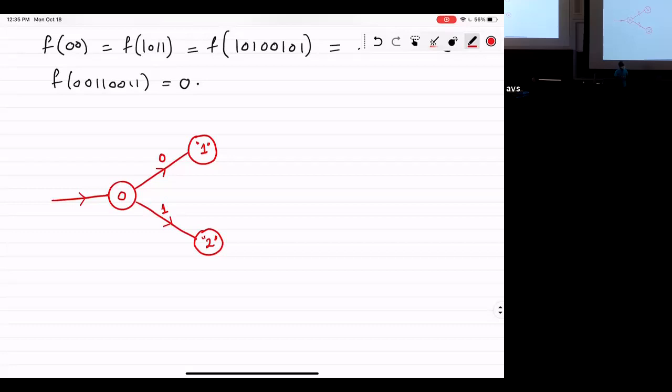Yeah? If the rest of the string was alternating. But if I just know whether the rest of the string was alternating and I see a 0 or 1, that's not enough, right? For instance, what if I saw 101, which was alternating, but then I see a 1? Versus I see 010 and then I see a 1. Yeah? Whether you already failed. There should be a failure state. Right, there should be a failure state.